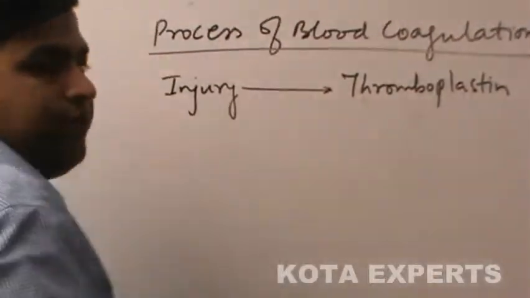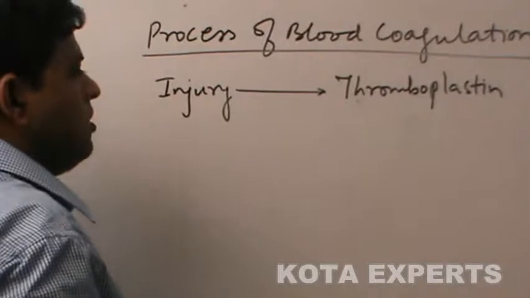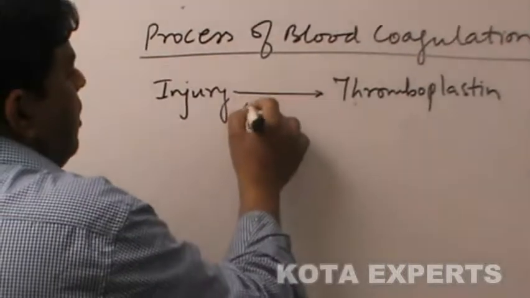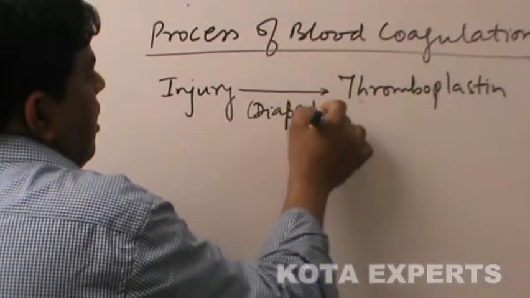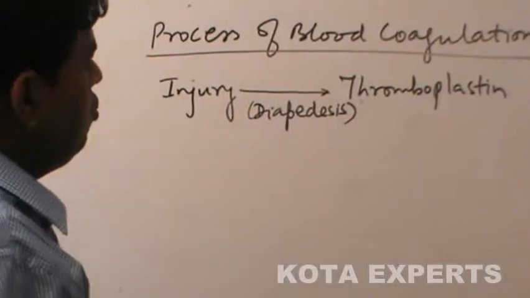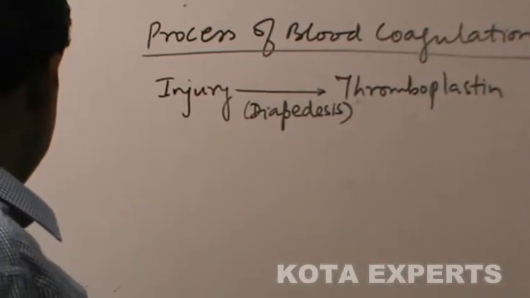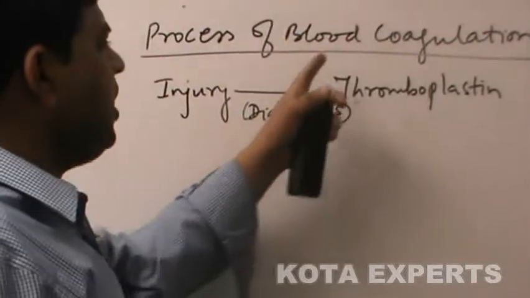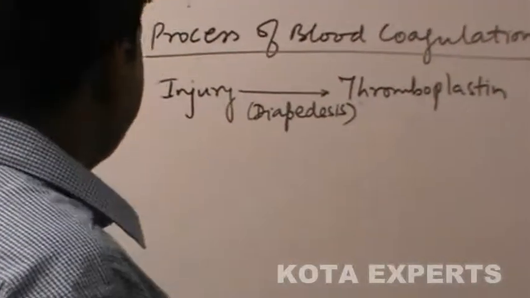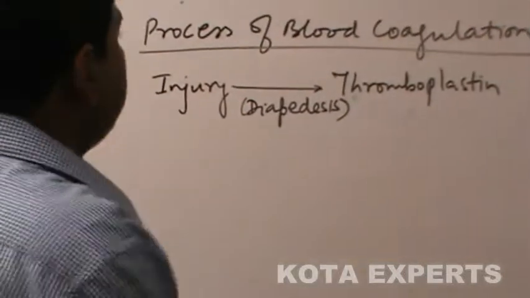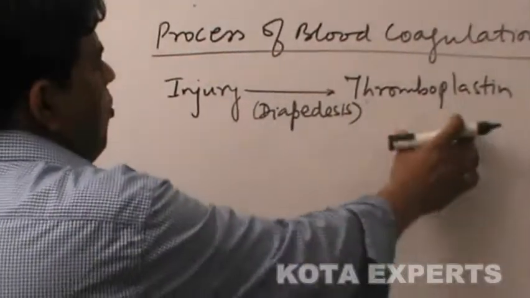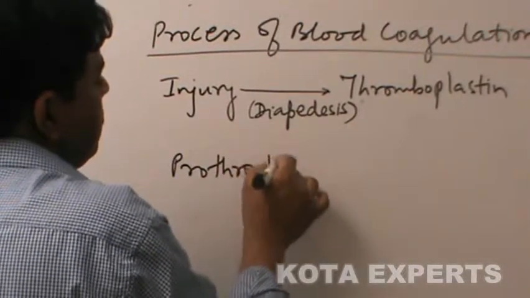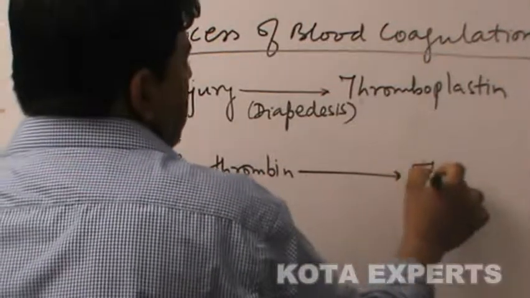The rushing of the WBCs and platelets to the site of injury is known as diapedesis. So at the site of injury, thromboplastin is released by the WBCs as well as the platelets, and this thromboplastin will help in the conversion of prothrombin to thrombin.